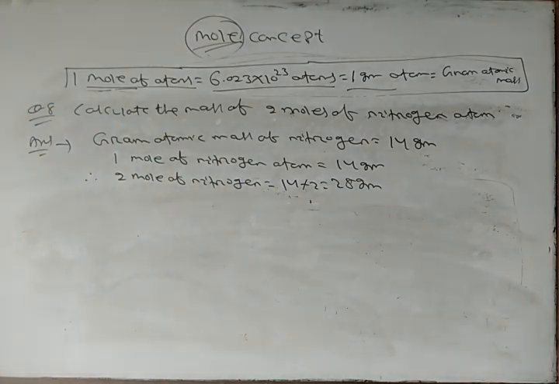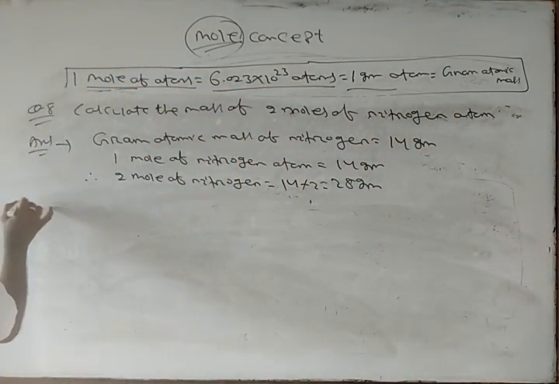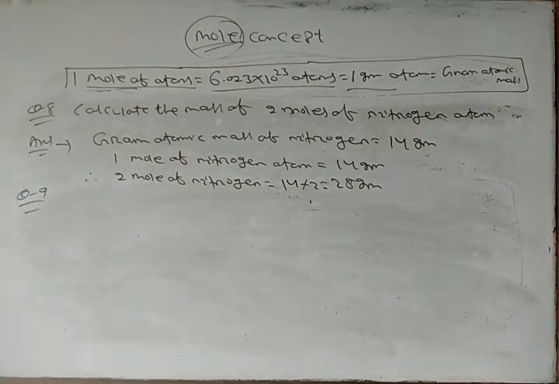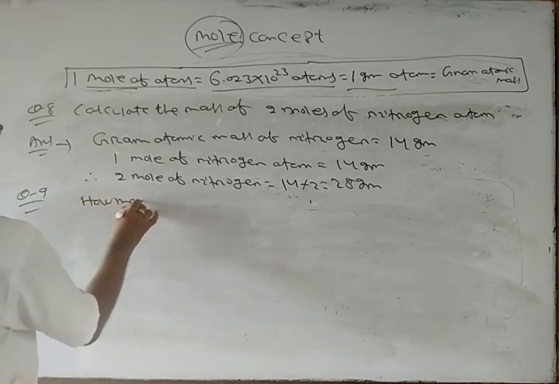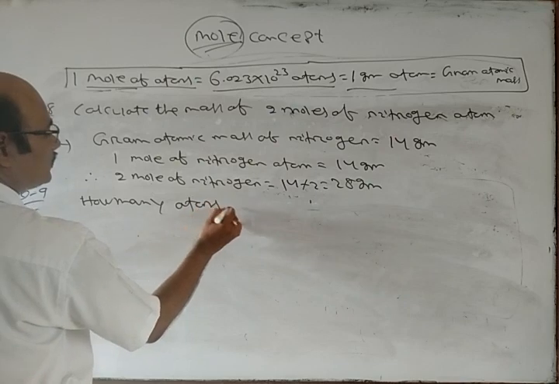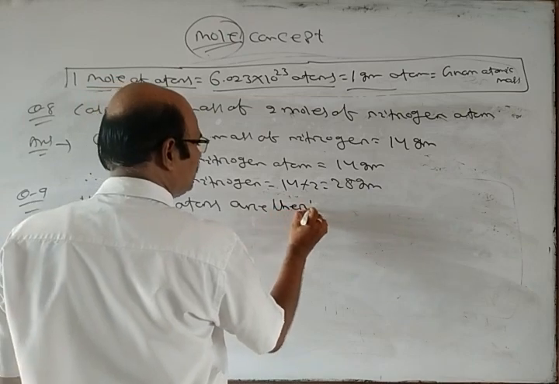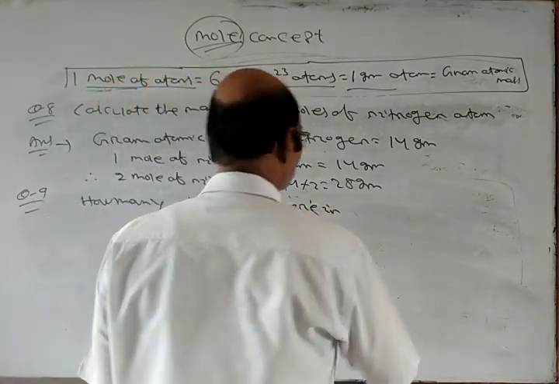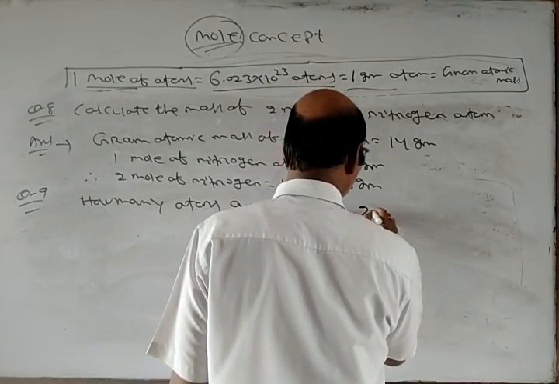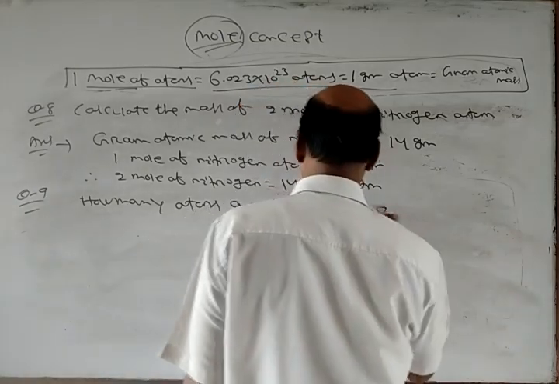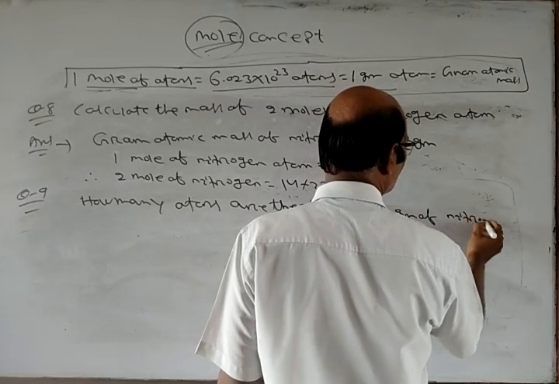similarly now you can relate the number of atoms into your atomic mass. Okay, question number 9. Okay, now how many atoms are there in 2.8 gram of nitrogen?